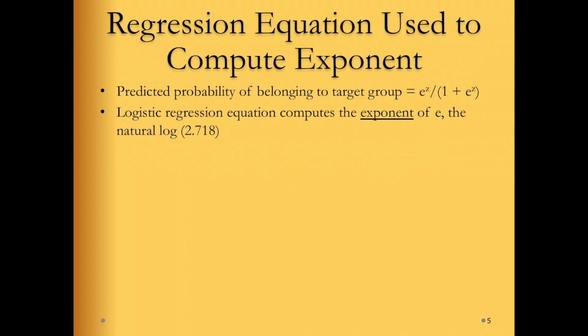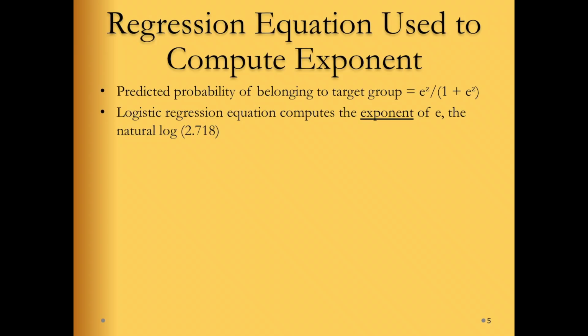The probability used to draw the curved regression line is computed by solving the following equation: e raised to the zth power divided by 1 plus e raised to the zth power. The symbol e refers to the natural log base, which is a constant in mathematics, much like pi.